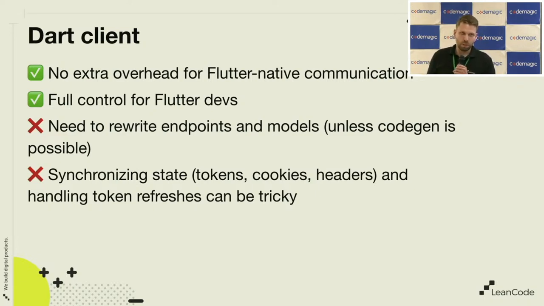But we need to rewrite those. We need to have two sets of endpoints and models. It can be generated, but still is duplicated. The biggest disadvantage is that synchronizing the state can actually be very tricky, because with refreshing tokens you would need some queue, some waiting. So this is some complex logic to write. Those are two possible approaches.